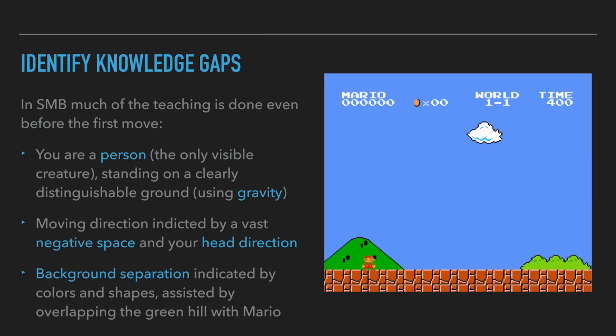The moving direction is marked with a very clear head direction and the negative space to your right. And this is something that I love personally, the idea of the background separation. Just imagine that if the hill was to the right of Mario, you might expect it to be an obstacle. But instead, it's behind you, so you already have this implicit understanding of what it is that you can interact with.